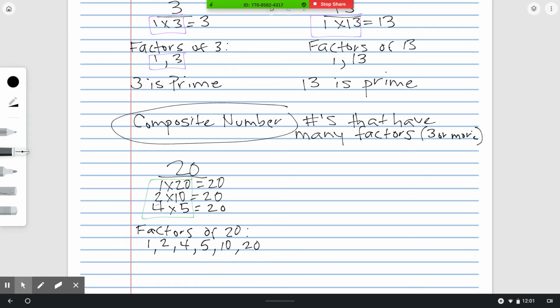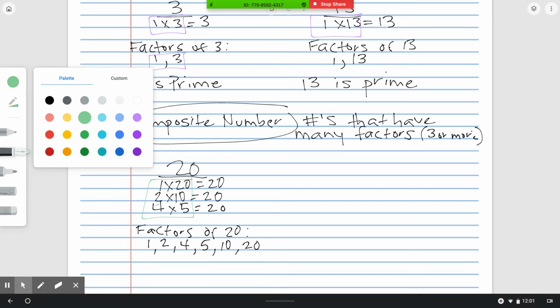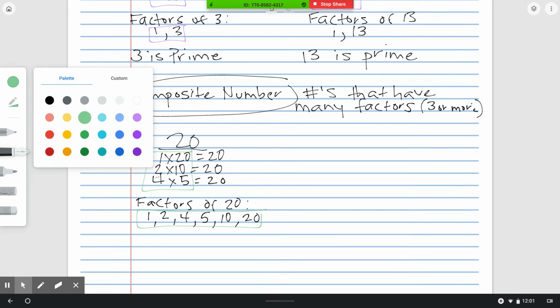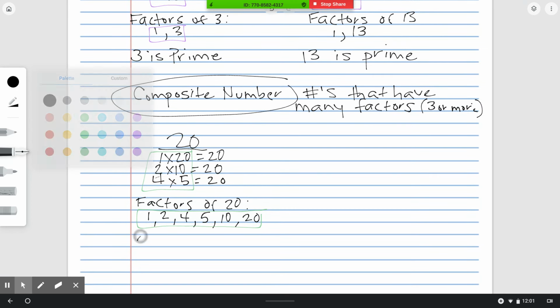Wow, that's a lot. If it has a lot, just like this, more than 3, we call that composite. So 20 is composite.